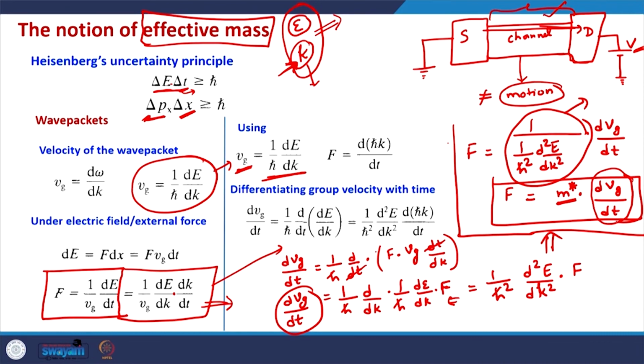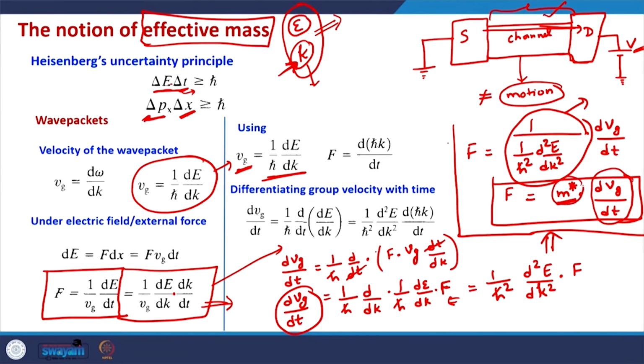And this is an important result because now the quantum mechanical treatment of the electron in a solid has been encapsulated in the idea of the effective mass. By encapsulating the quantum mechanics in the notion of effective mass, we can now use the classical equation of motion to find out the effect of an applied voltage or applied force on the electron.